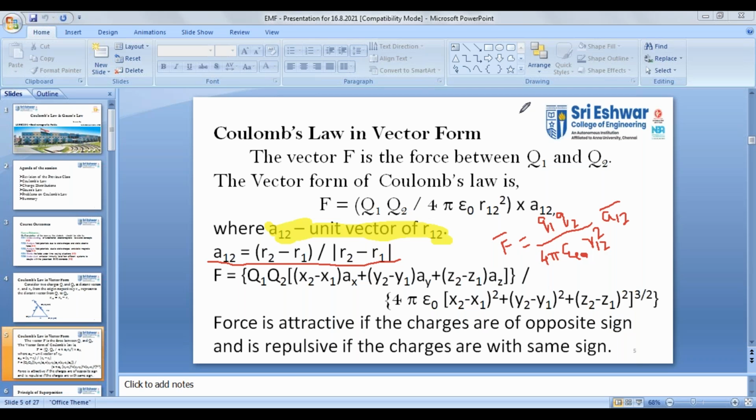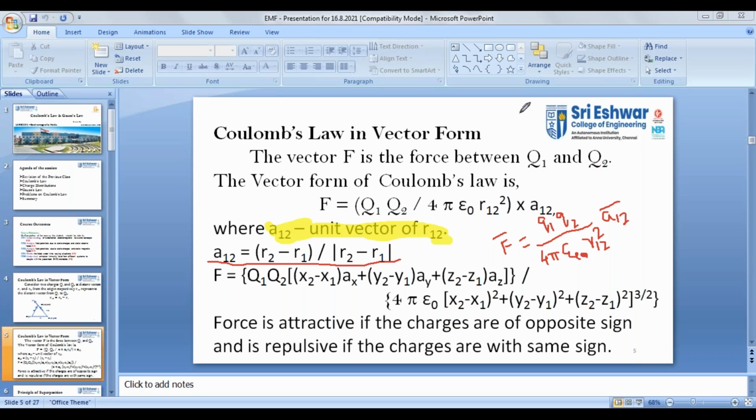But here, R12 vector by R12 vector modulus. So what is R12? R12 is R2 minus R1. So A12 is R2 minus R1 vector divided by modulus of R2 minus R1 vector.